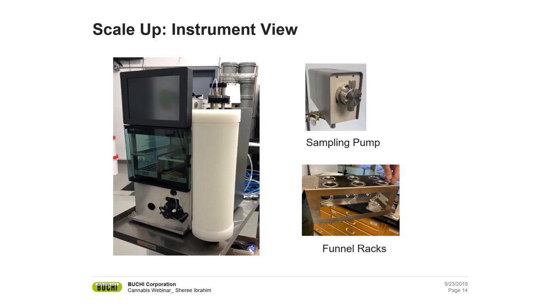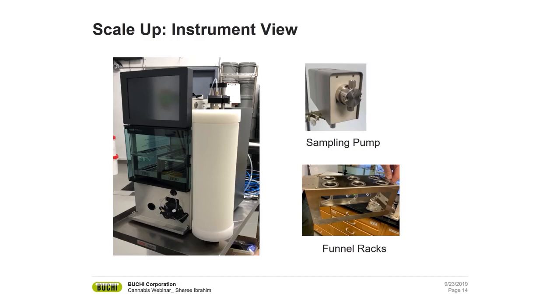Here is what the instrument looks like in the cannabis laboratory. To your left, you have the instrument. That's the C810 model, flash mode. And attached to it is the 3.2 kilogram cartridge. In order to get the oil on the column, we recommend the sampling pump. And then for collection, we offer funnel racks.